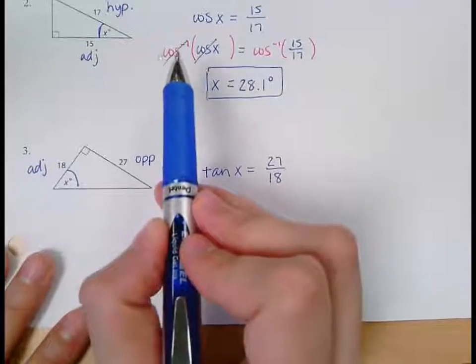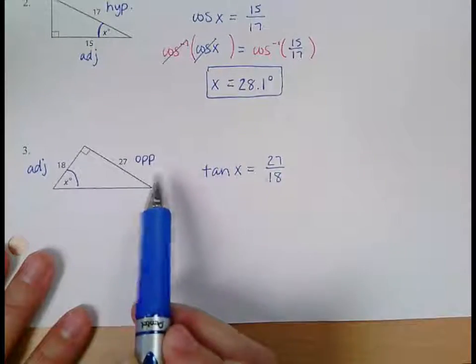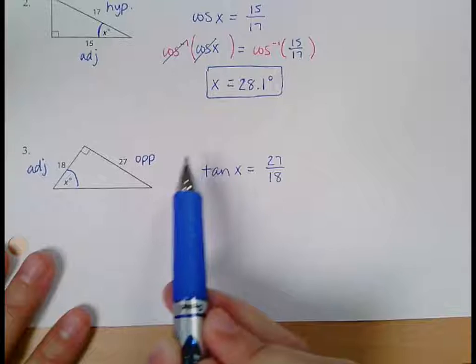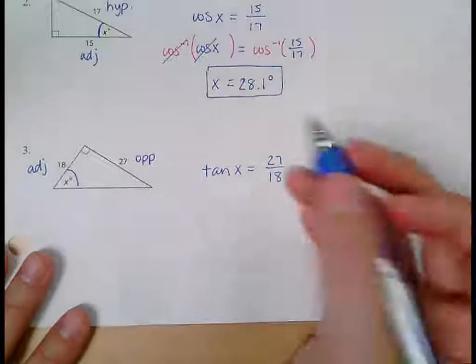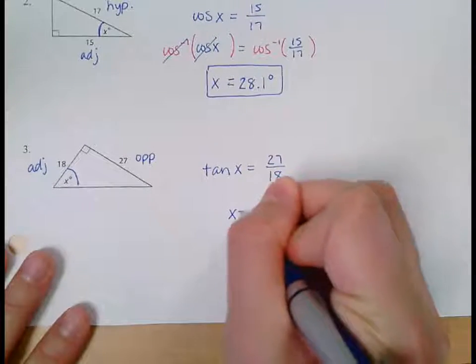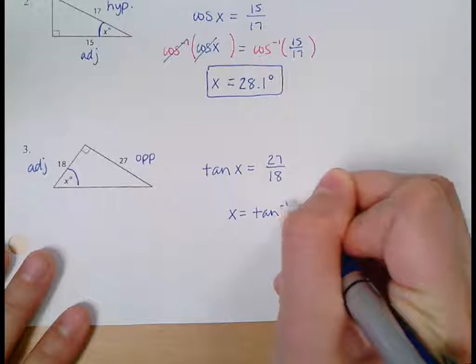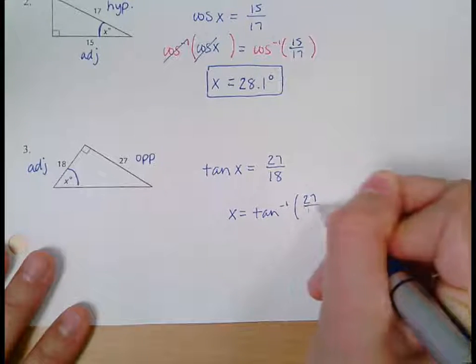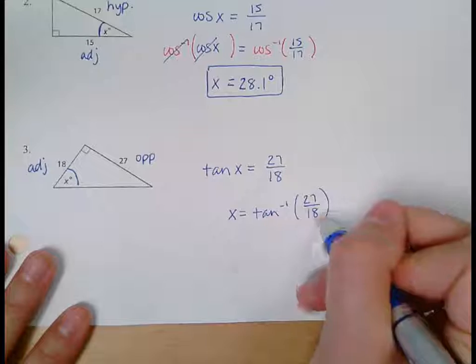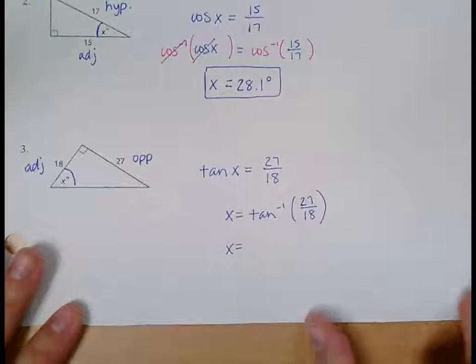And I could show, like I did for example 2, that I'm taking inverse tangent of each side, but I know it's going to cancel out on the left. So I can also write it this way, that x will equal inverse tangent of 27 over 18, and then calculate this with the calculator.